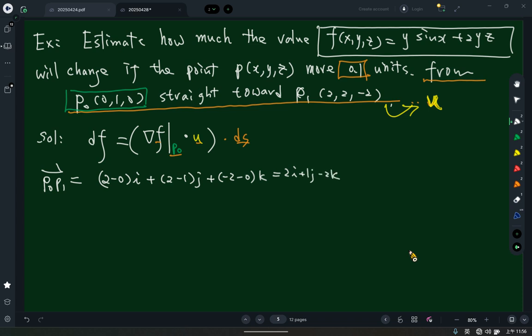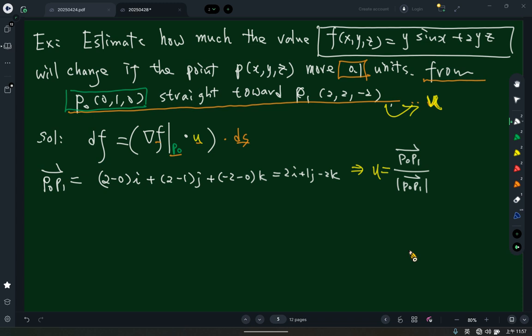So we can get 2i plus 1j minus 2k, right? But the vector P0 to P1 is still not a unit vector. So if you want to get the U, it should be the vector P0 P1 over its length.